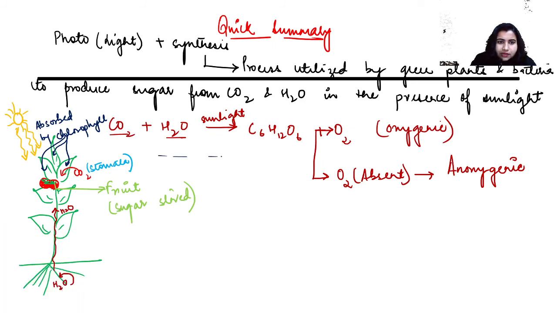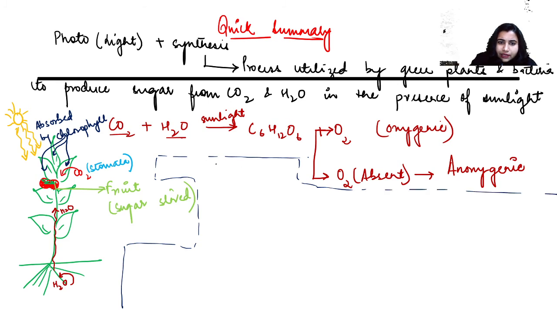Apart from this, let me compile it on one slide so that it becomes easy for you to remember. Next, we have seen the photosynthetic pigments. If we talk about the photosynthetic pigments, there are two types.